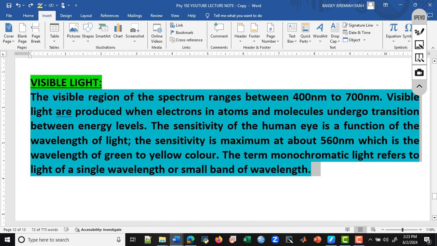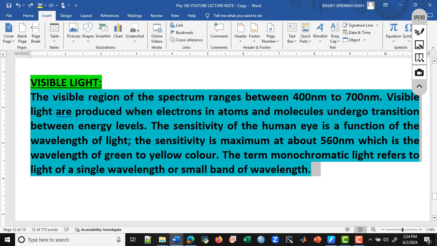Visible light are produced when electrons in atoms and molecules undergo transition between energy levels. So one could say, how are visible light produced? They are produced when electrons in atoms and molecules undergo transition between energy levels. So when an electron gains energy and it now moves from one energy level to another energy level, radiation is being released.